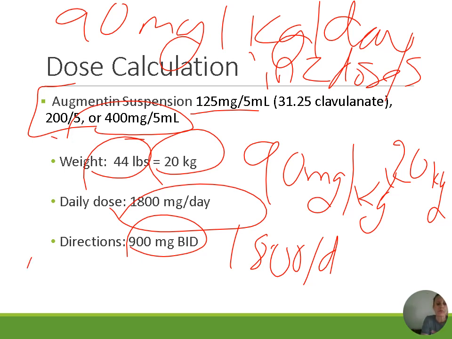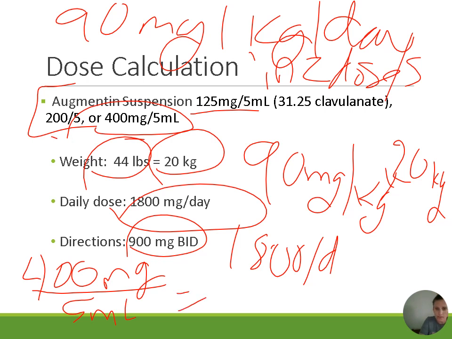Remember, we set up our proportion and we say 400 milligrams per 5 mLs equals 900 milligrams per X mLs. We're trying to figure out how many mLs give us 900 milligrams. And remember, we just cross multiply.